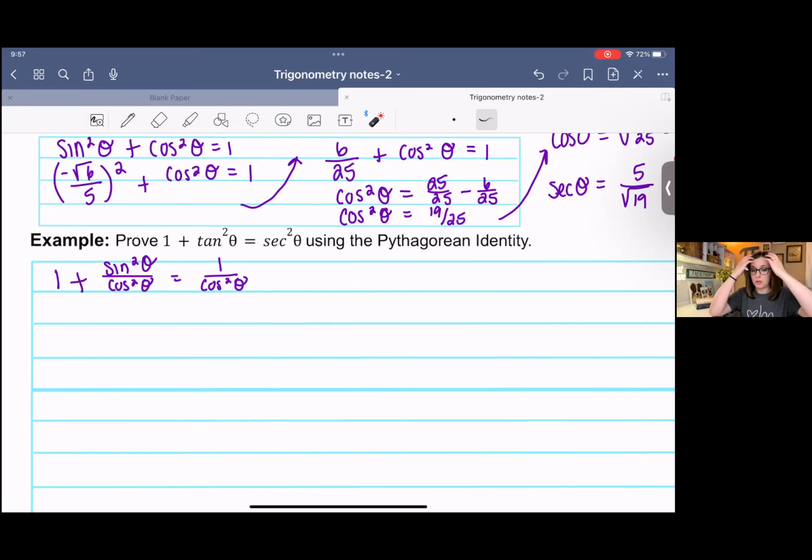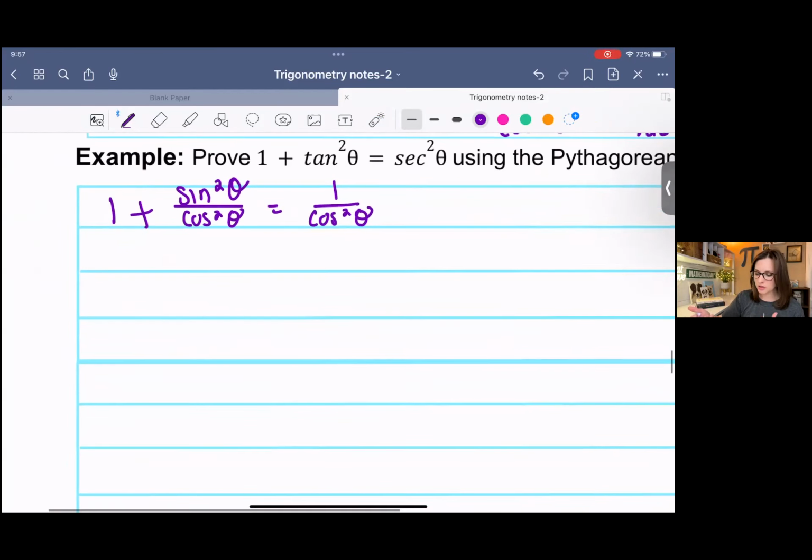So if you did one over the other, that's fine. I'm going to take what might be considered the harder route, because why not? I'm going to change this 1 to have a denominator of cosine squared so that I can add these two fractions here on the left.